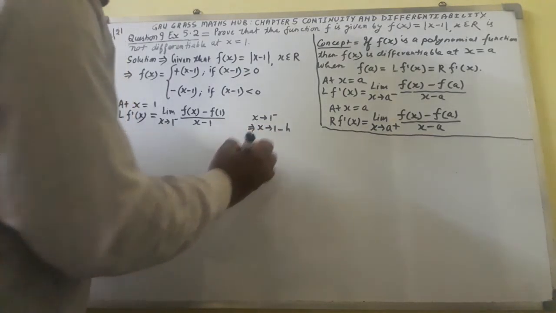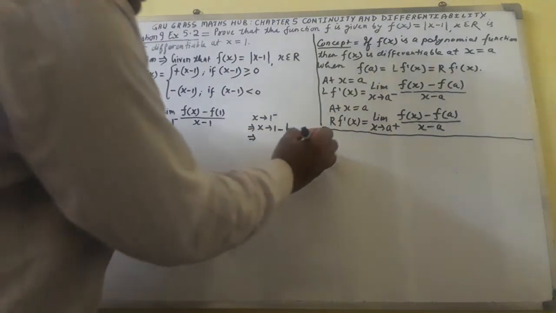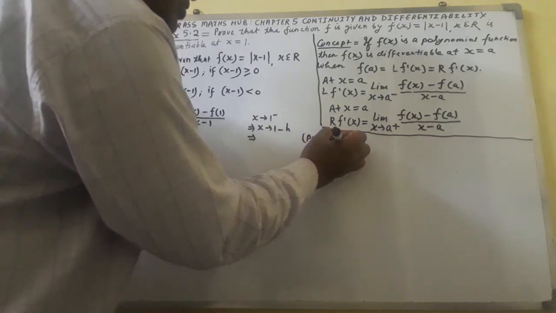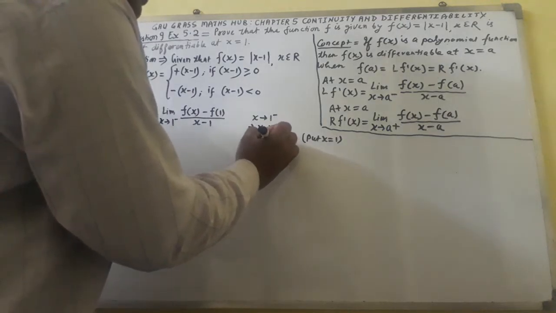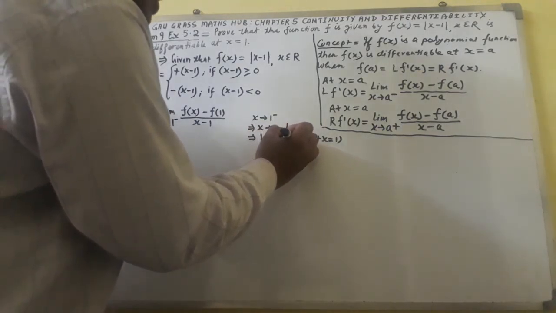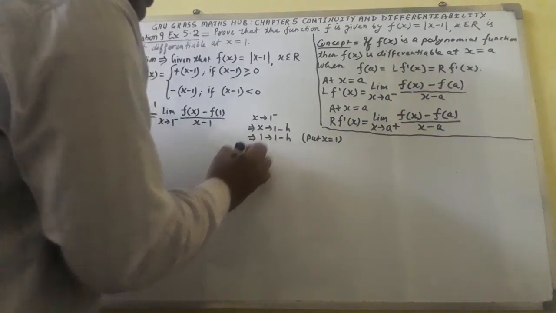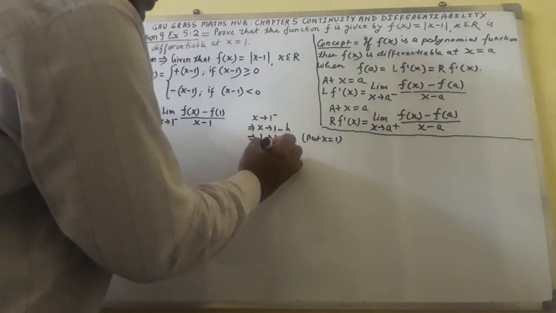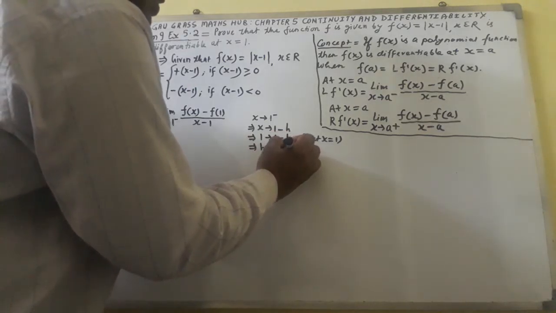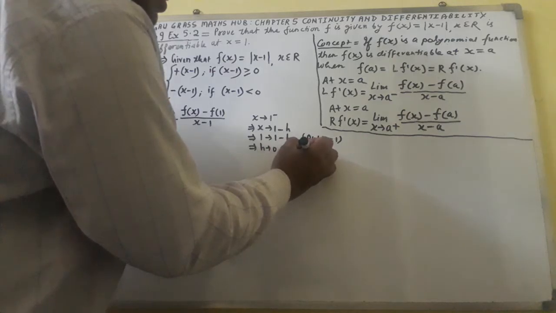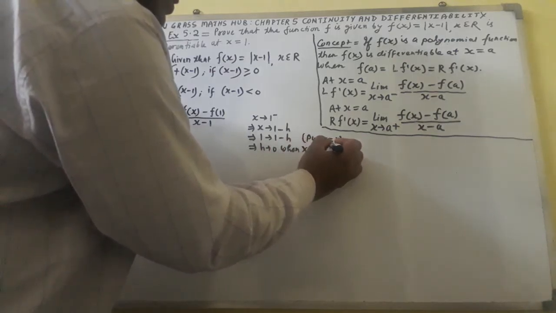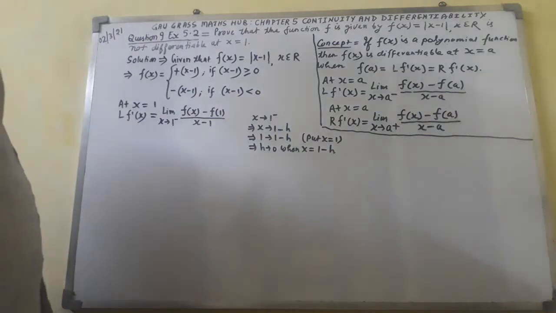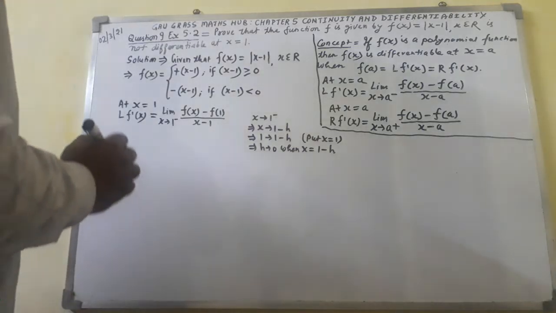Imply that here x equal to 1 is there. So here put x equal to 1, so here write 1 minus h comes out to be h tends 0 when x is equal to 1 minus h. This thing will be there. So let us proceed further.